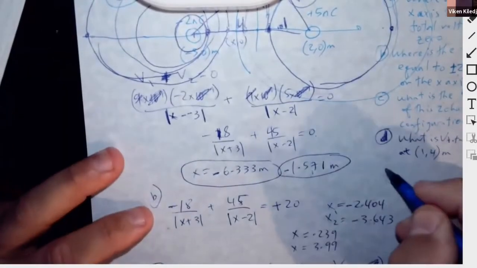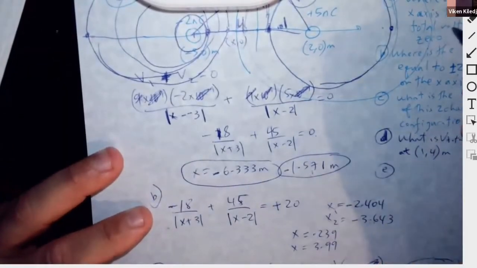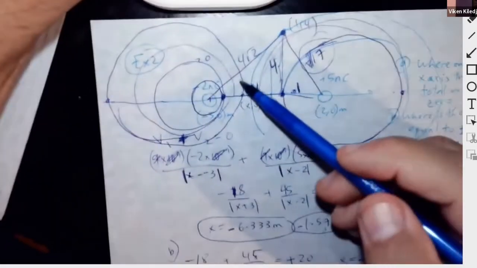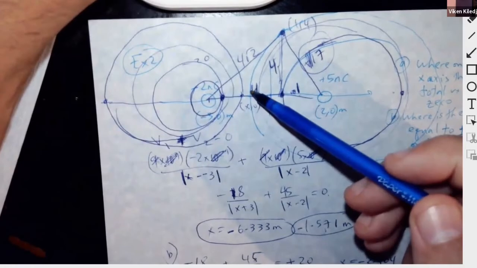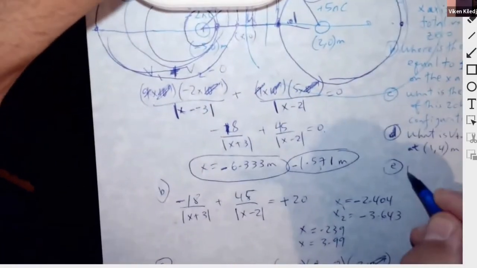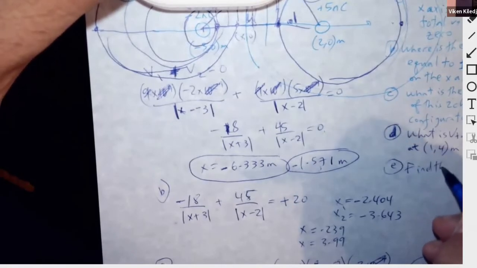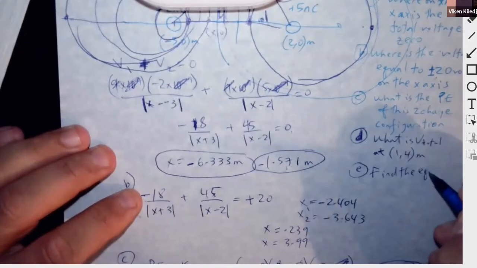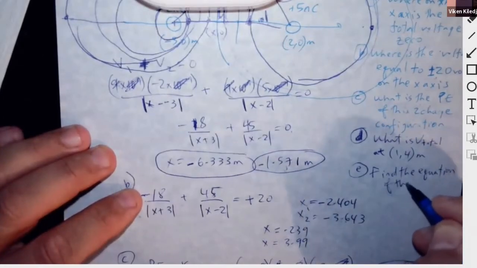Okay, what else can we ask? Well, we could go back to the first part and say, find the equation of the surface that has an equipotential of 0. Find the equation of the surface.